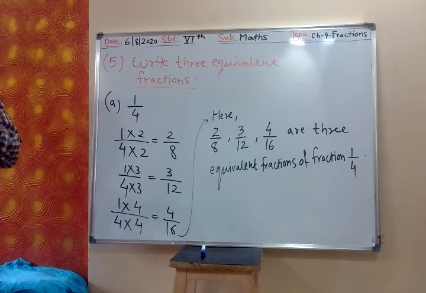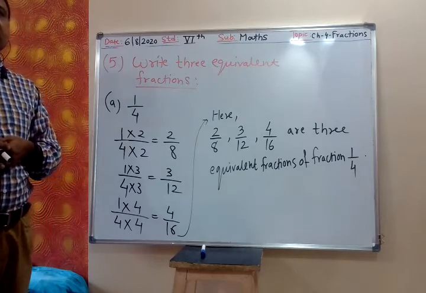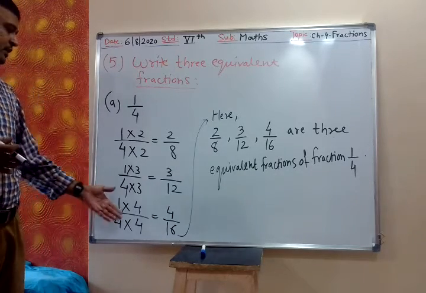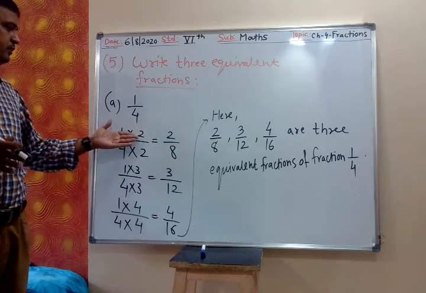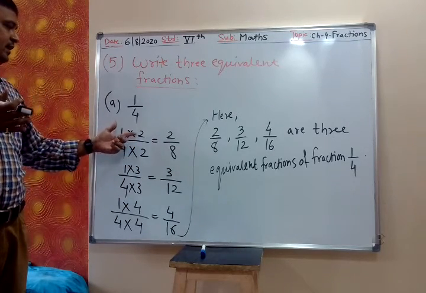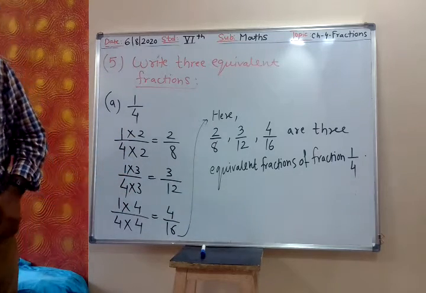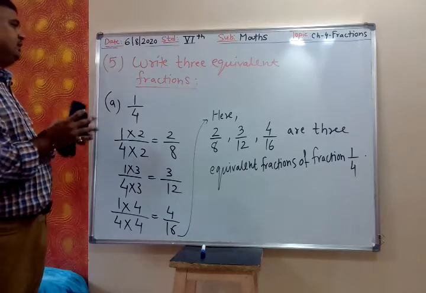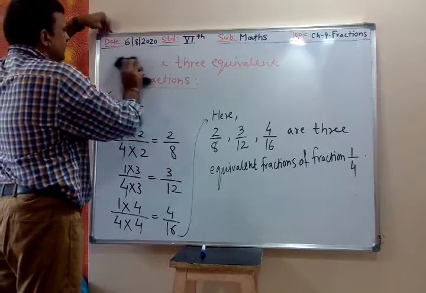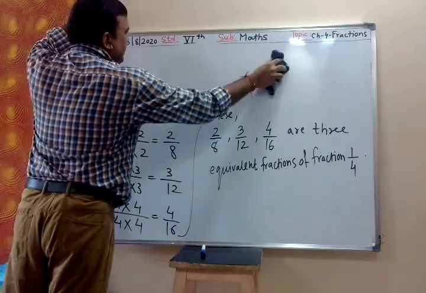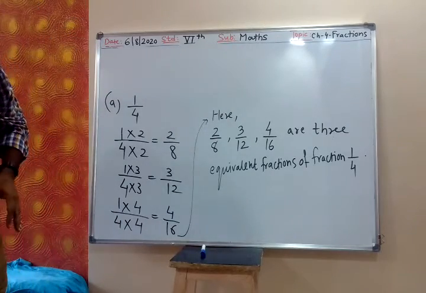So to get 3 equivalent fractions, I can multiply and divide the given fraction by 3 different numbers. You can use any number. I have multiplied and divided by 2, by 3, and by 4. You cannot multiply by 1, because if you multiply by 1, you will get the same fraction.